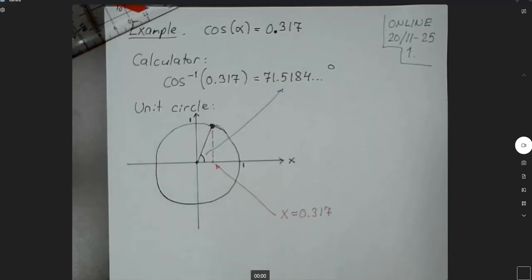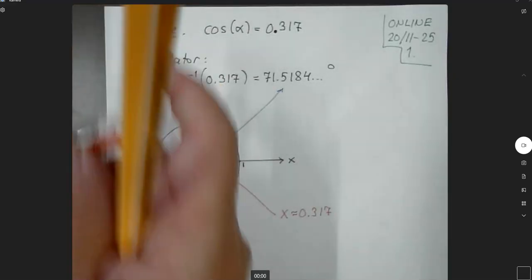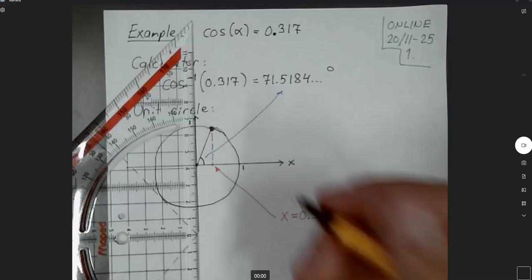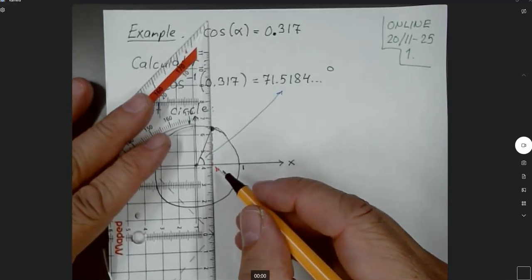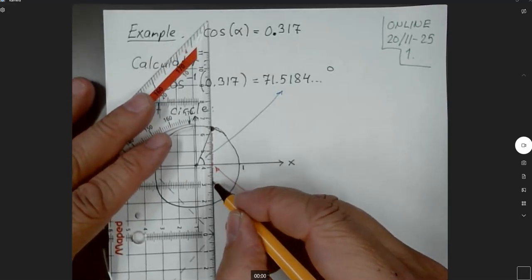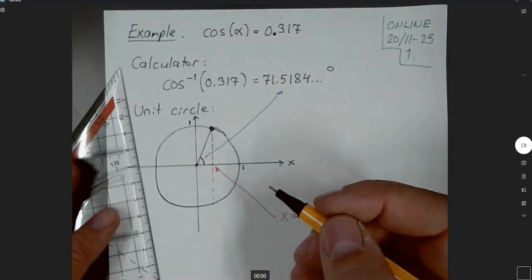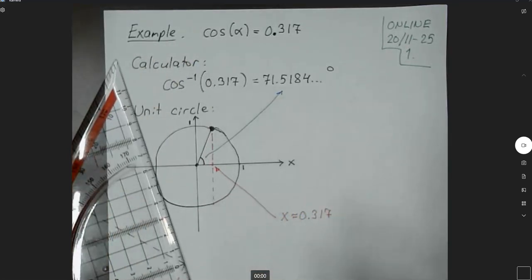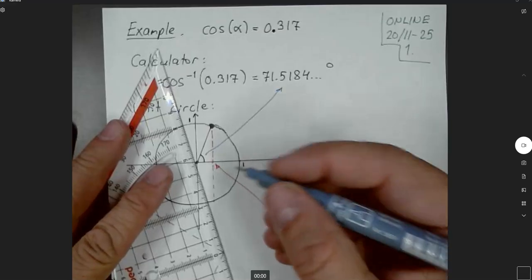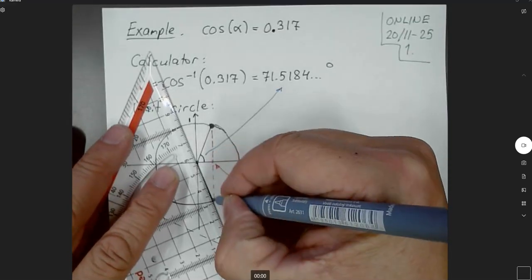But this is not important. The important thing is just to find the solution for that trigonometric equation. And as I said, we saw here there is another solution there, if I continue drawing this dotted line here. So the other one will be here.